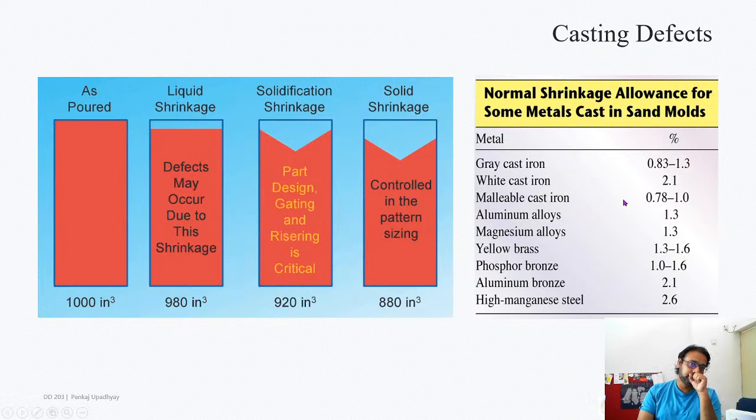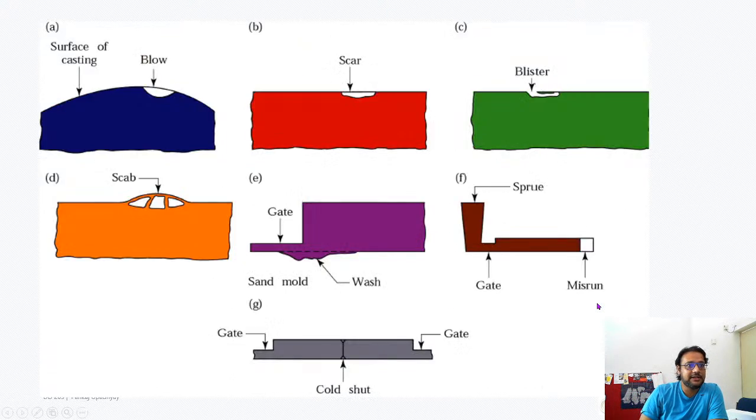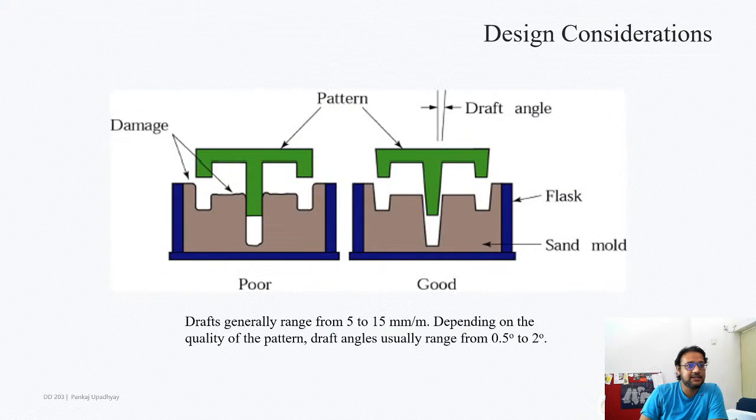Okay, and besides that, the second thing that is most important, we did not talk about it right now, but we will talk about it. Let's take a look at this one. Imagine this is the thing that we want to cast.